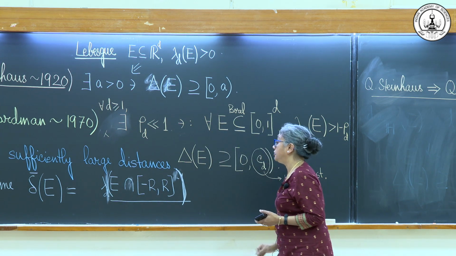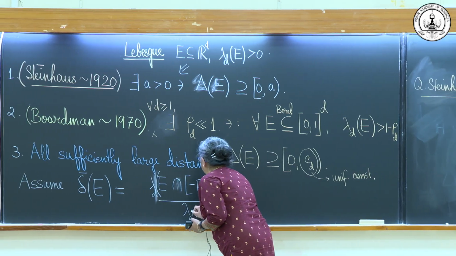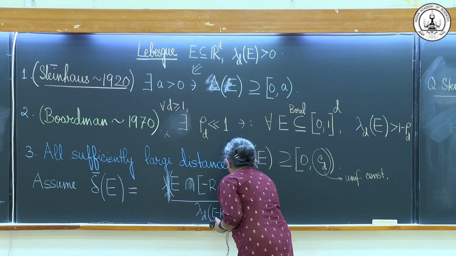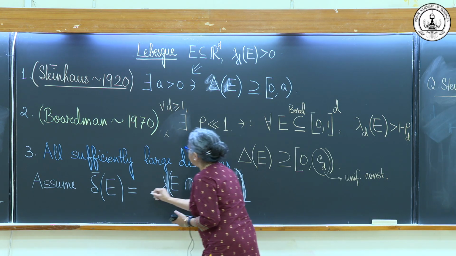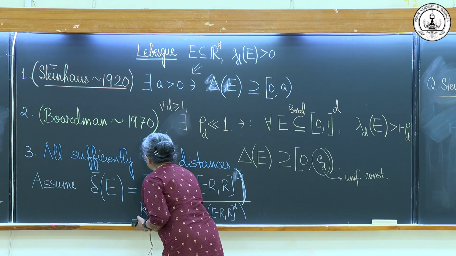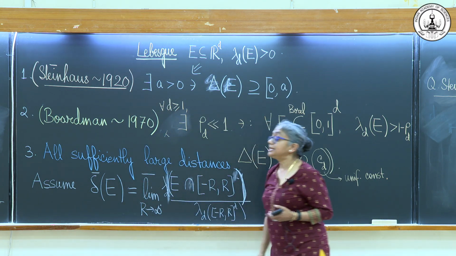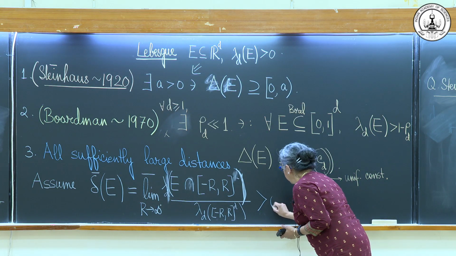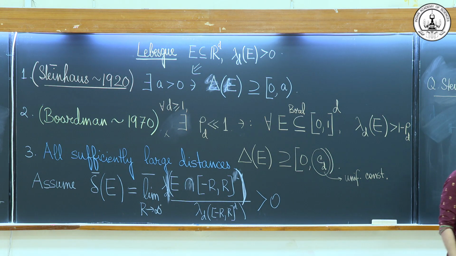What proportion of this square is being covered by E? And let's take the lim sup as R goes to infinity. So this object is called the asymptotic density of E, and let's assume that that's positive.